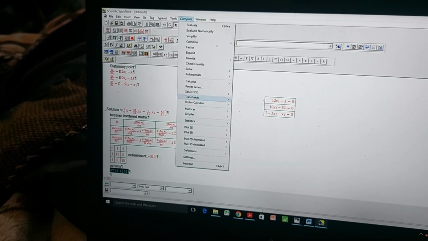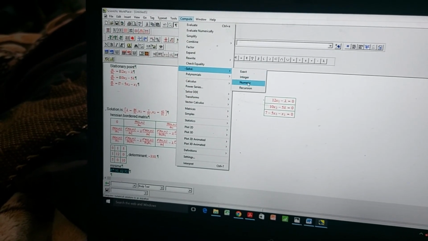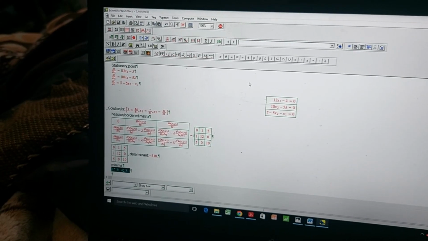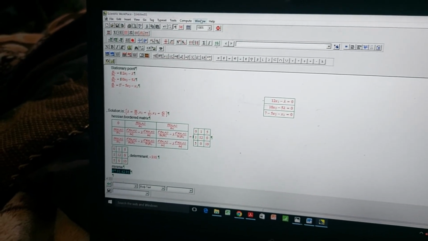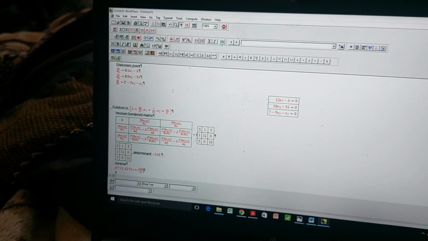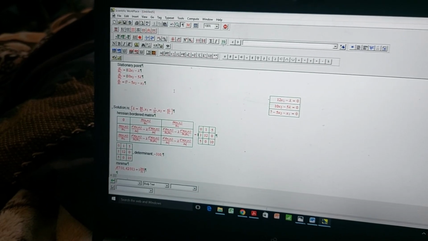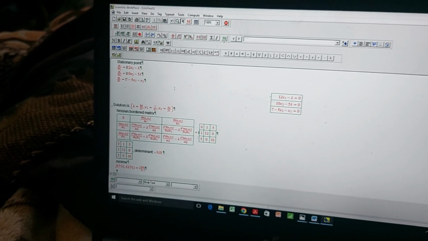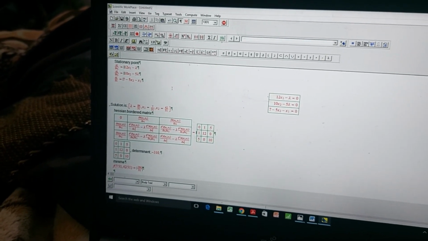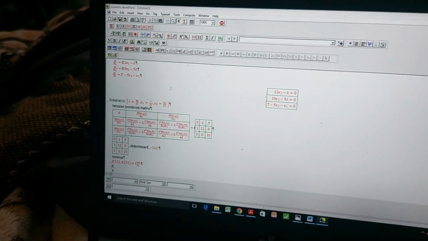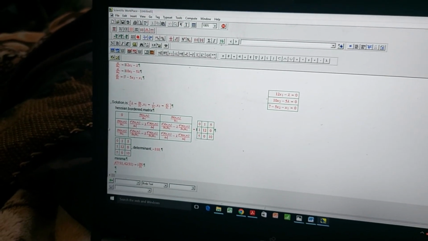It is not solving it, so I can just evaluate it and find the value. 294 by 31 will be equal to something like 9.8. So this is the exact value of z. This is the minimum value that we can achieve.